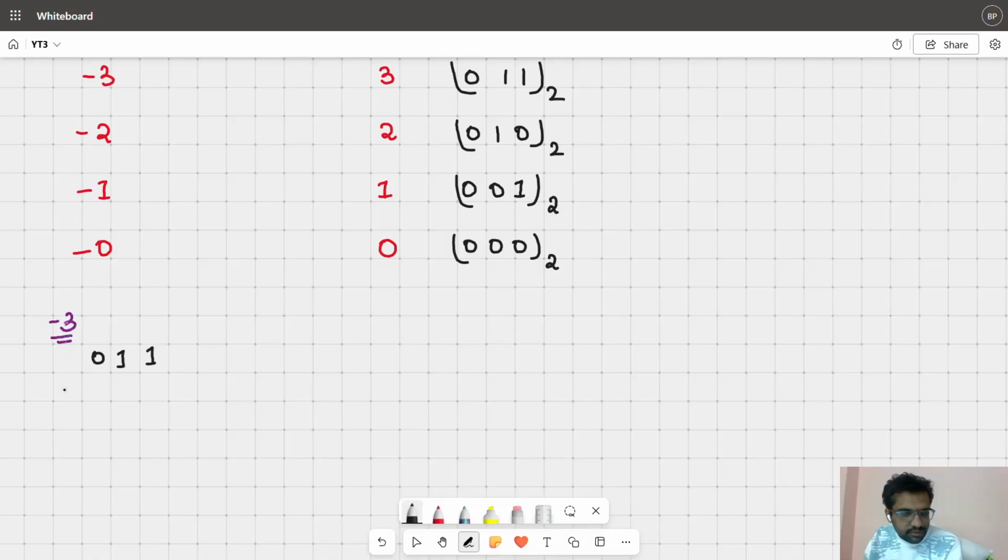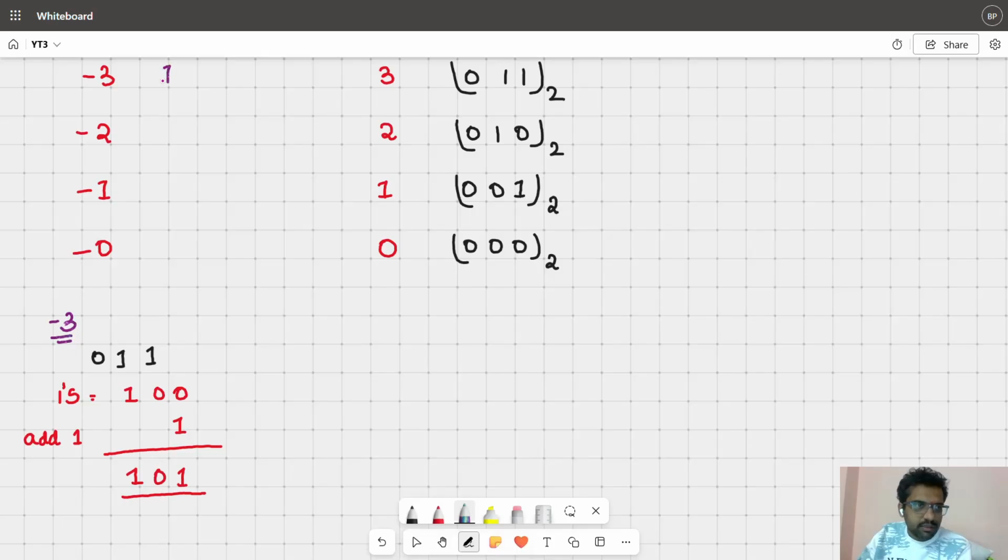Later, we find the ones complement equivalent, which will be 1, 0, 0. Then we add 1 to that. So this becomes 1, 0, 1. Is that okay? So the value of minus 3 will be 1, 0, 1 to the base of 2.